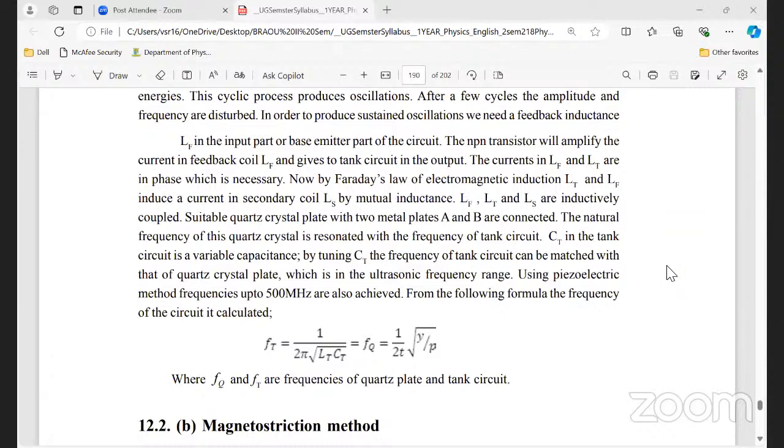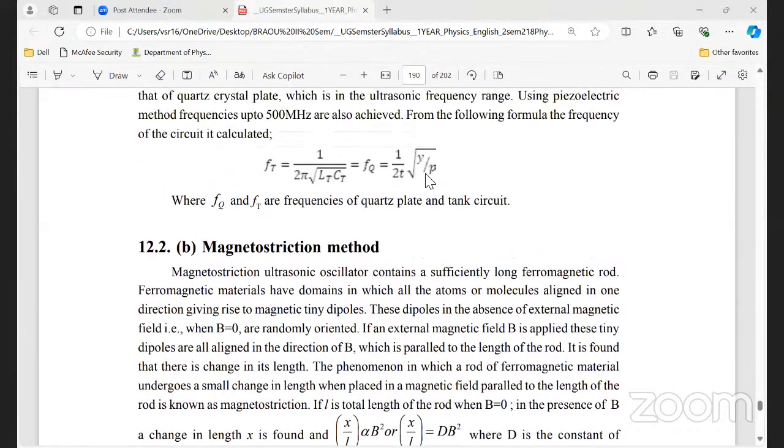Using this piezoelectric method, you can get up to 500 megahertz. Okay, so this is the formula for this.